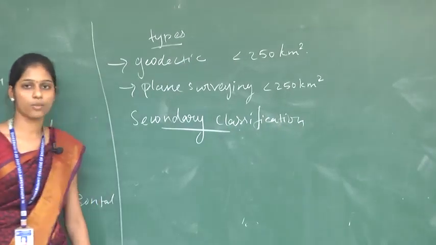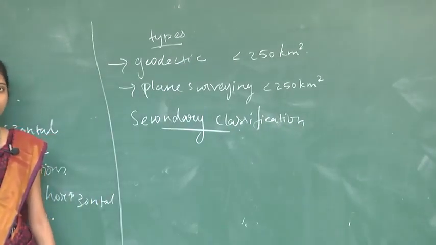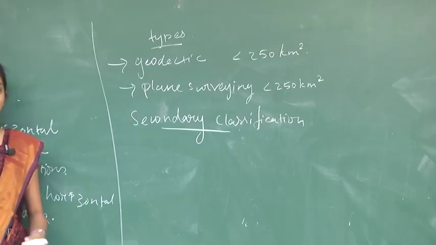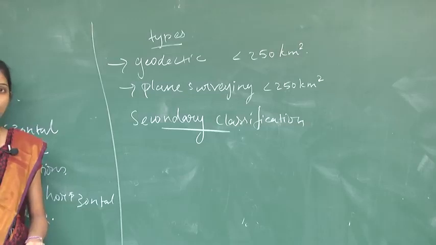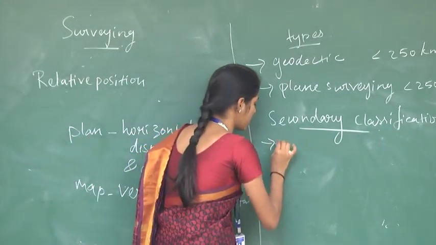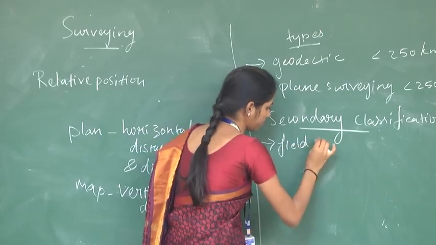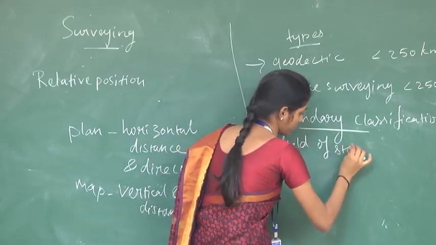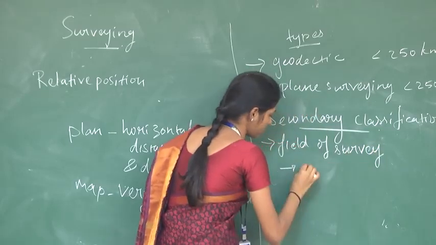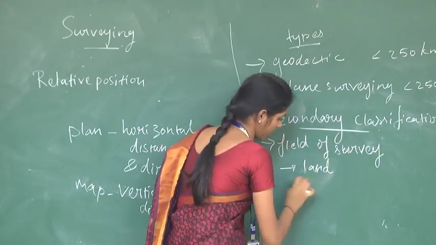Next, we are going to see about the secondary classifications of survey. Surveying is further classified into several types based on several factors. For example, based on the field of surveying, surveying is classified into three types. First one, land surveying.